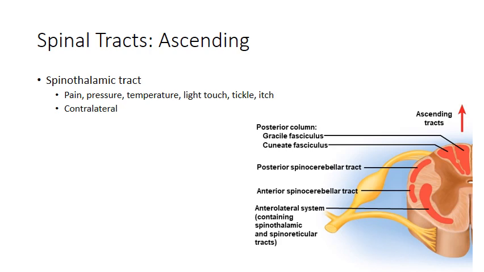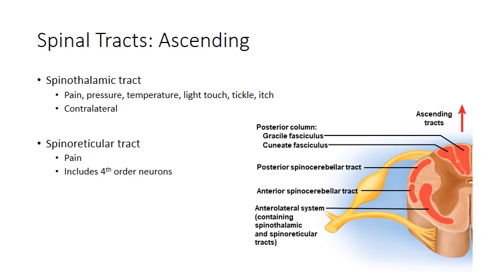Our first order neurons here are going to actually end in the posterior horn, really close to the entry point. Our second order neurons are then going to be the ones that decussate and lead to the thalamus. Okay, so a little bit different here in terms of where our first and second order neurons are going to be.